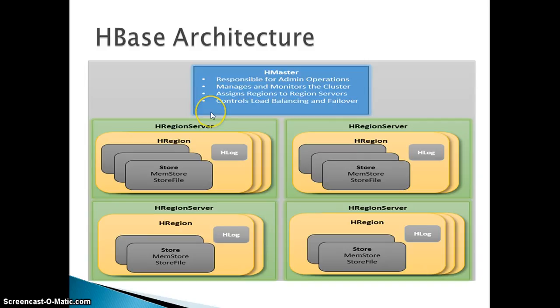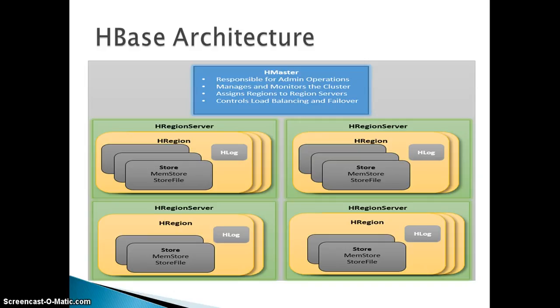It handles read and write requests and communicates with the clients directly. The HRegion server distributes the HRegions, hosts and manages the regions, handles the read and write requests, and communicates with the clients directly. That's the use of the HRegion server.